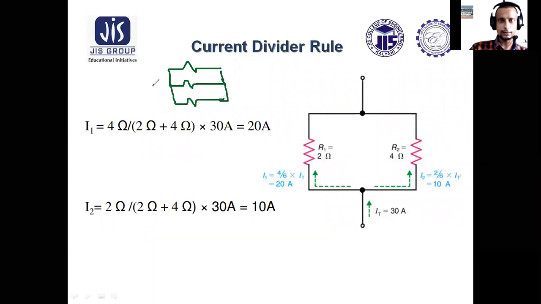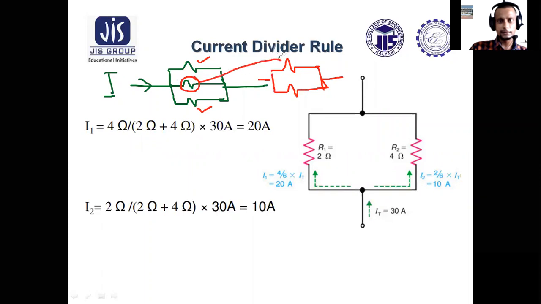Now, if you have 3 resistors, and suppose this is the current I, and you are asked to find the current through this branch, what shall you do? You keep this intact. You combine these two parallel resistances into a single one. Then it will look like this, isn't it? This resistance is this one, and this is the parallel combination of the first and third resistance.